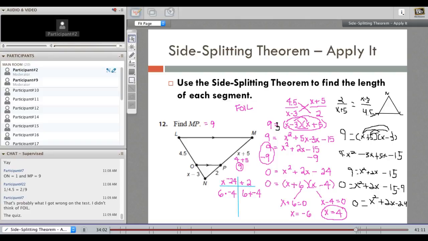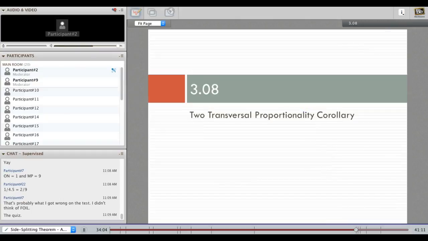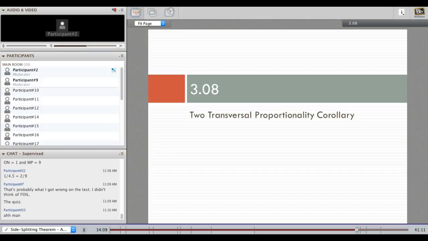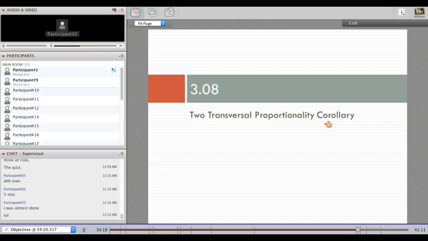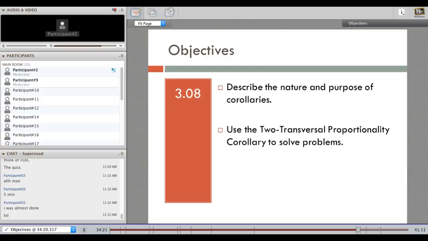All right. Now we have 5 minutes left for 3.08. The good news is that we've done a lot of hard work for 3.07, and the two transversal proportionality corollary, try to say that 5 times fast, is actually very similar. Okay?